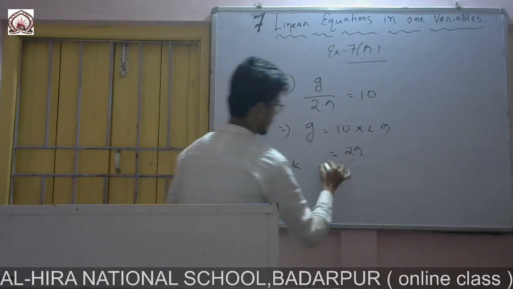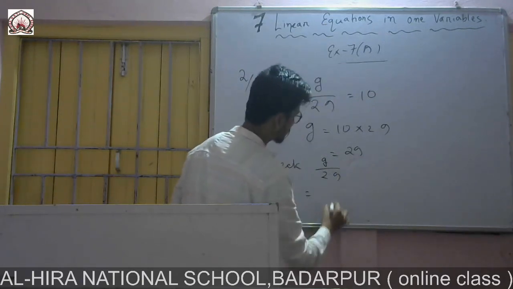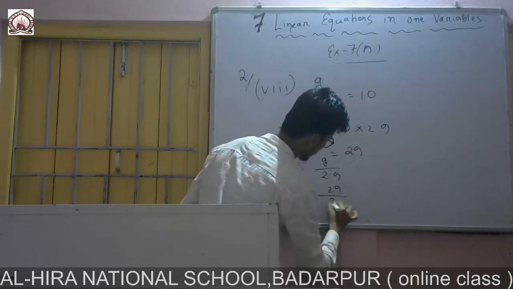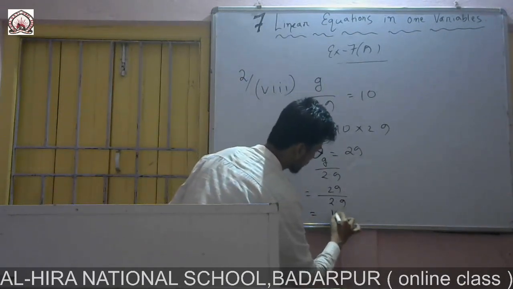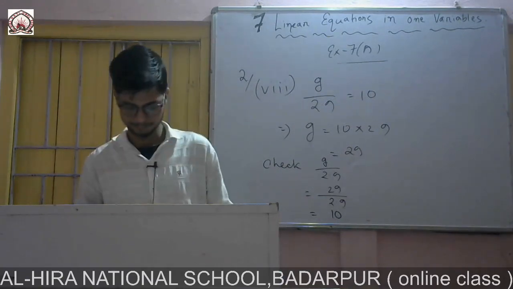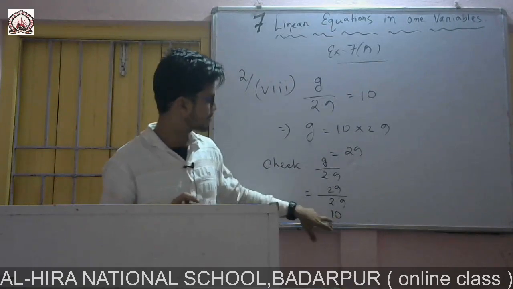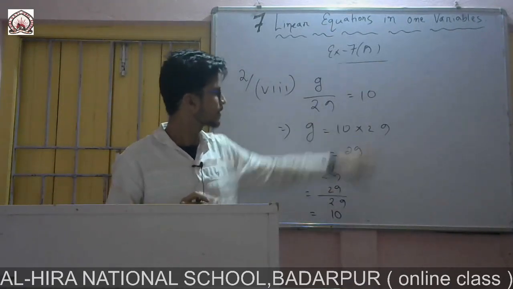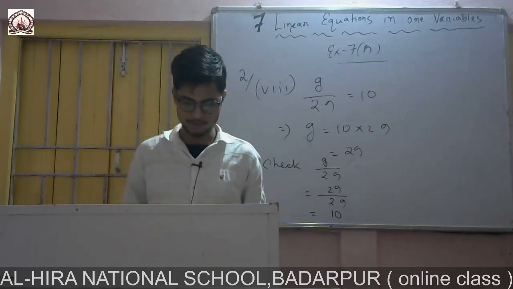So you write g by 2.9, value of g is 29. 29 by 2.9, if I solve this one, answer will be 10. That means it is correct. It is matching with the right hand side, you see. So it is correct.